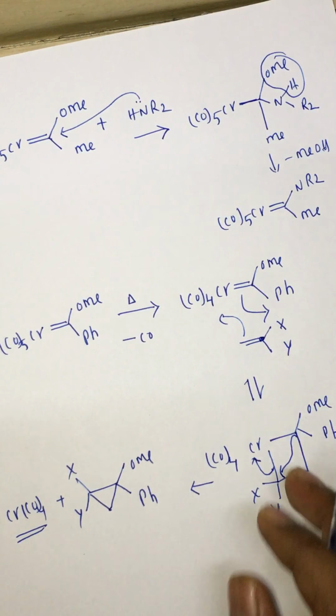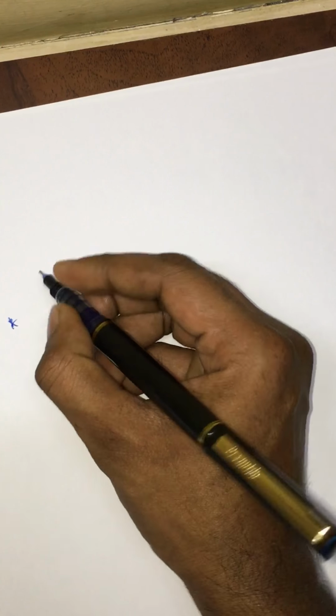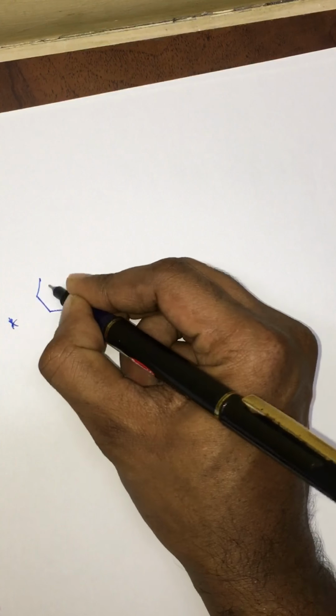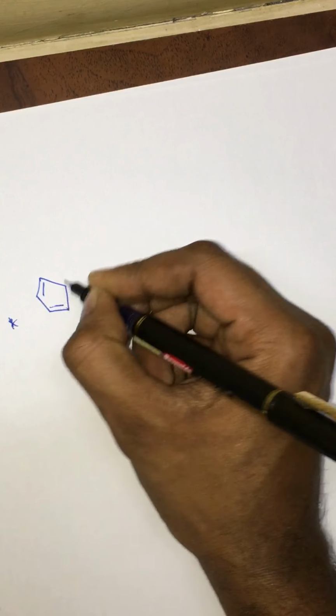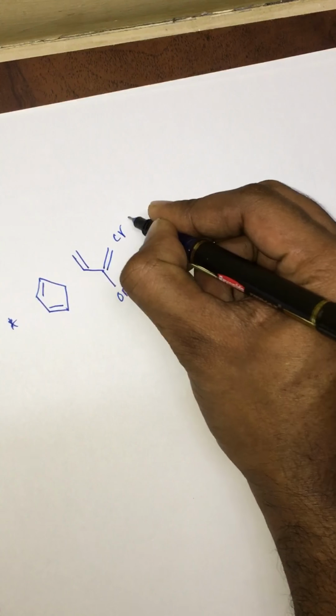And then we have the Diels-Alder reaction also. In this Fischer carbene we can have the Diels-Alder reaction also. We have a diene here, and here we have the Fischer carbene.